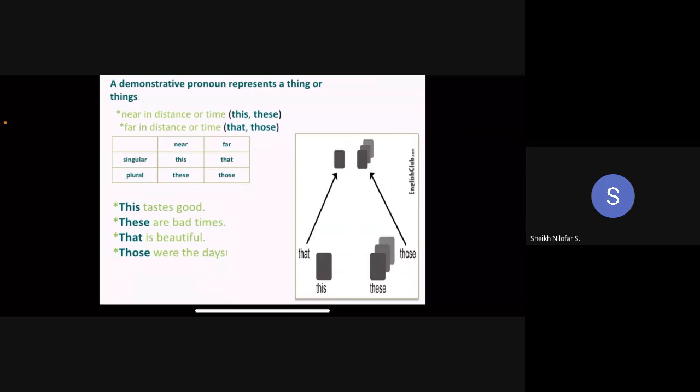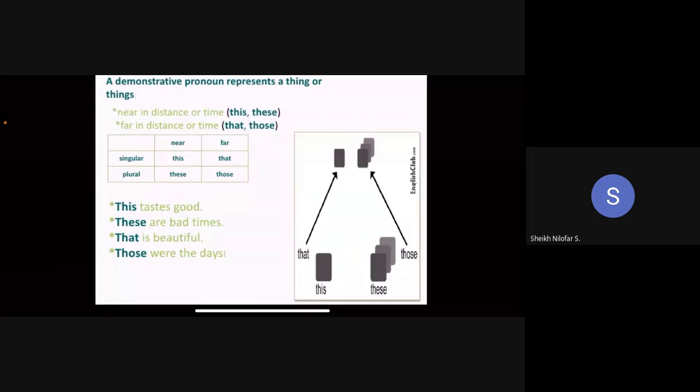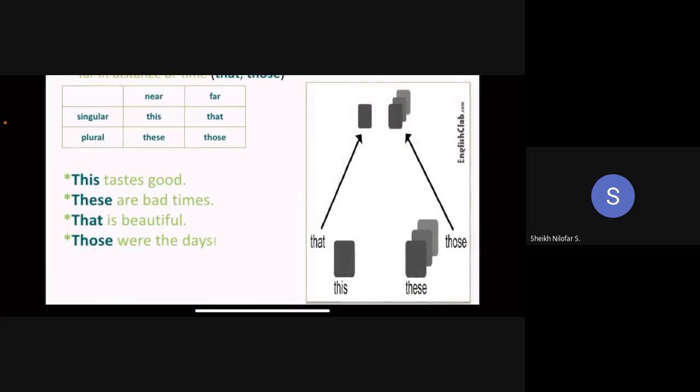These, that, वो demonstrative pronoun है. But what is given in this image? Those है वो दूर है but ज्यादा है. That is singular but it is far. This is singular और वो singular है और पास में है.